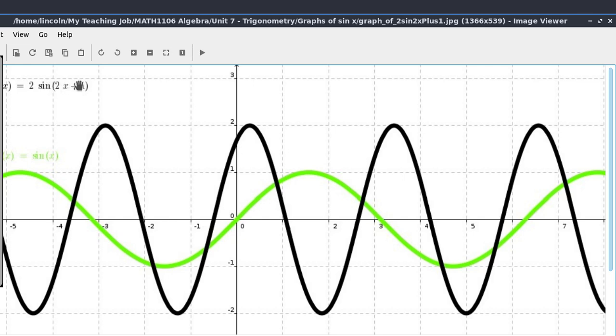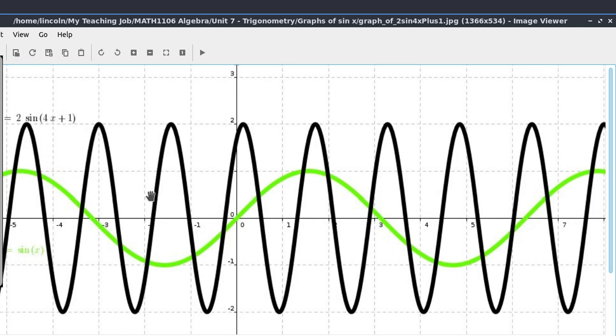And when the original graph cuts at 0, you shift the modified graph. It doesn't cut at exactly 1 because of the doubling of the frequency, right?